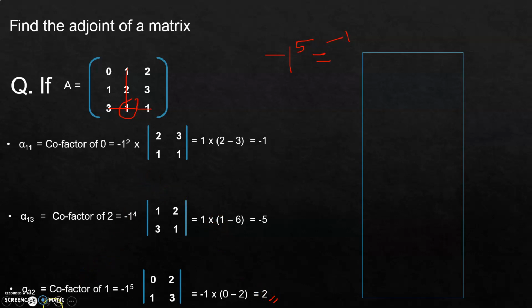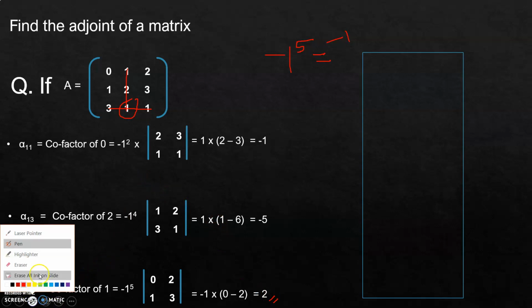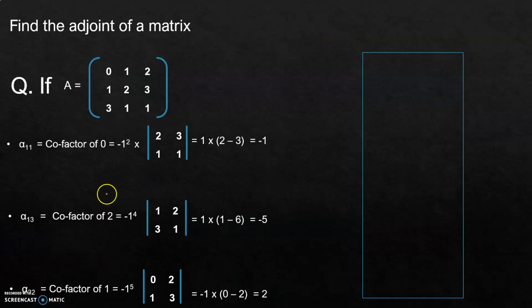So this is the way to calculate the cofactors of all the elements. I just showed you how to calculate the cofactors of three elements: the first one, a11, cofactor 1 1, then a13, cofactor 1 3, then cofactor 3 2.